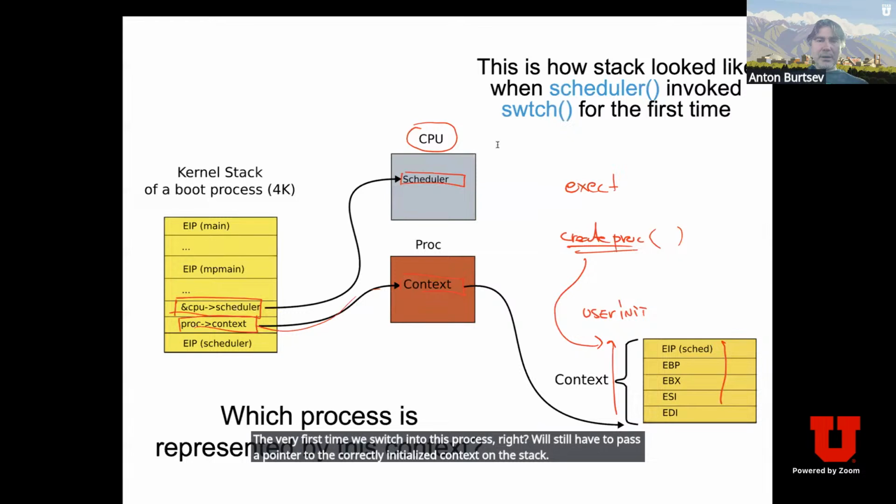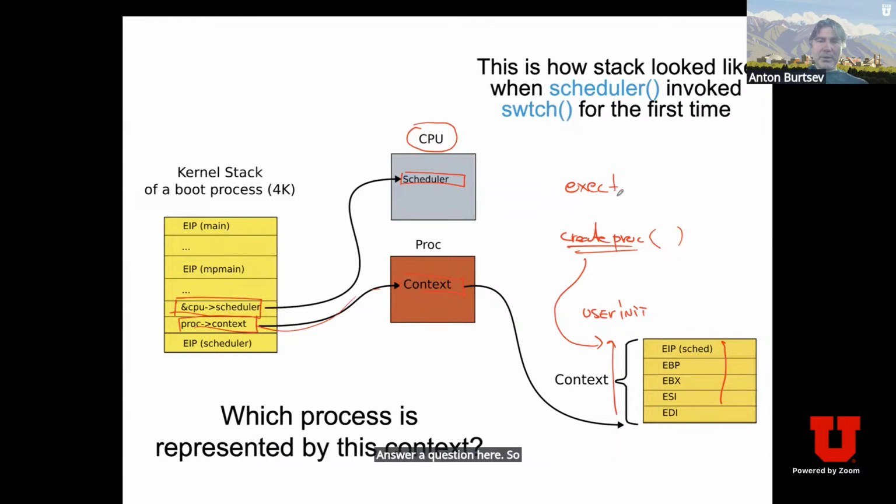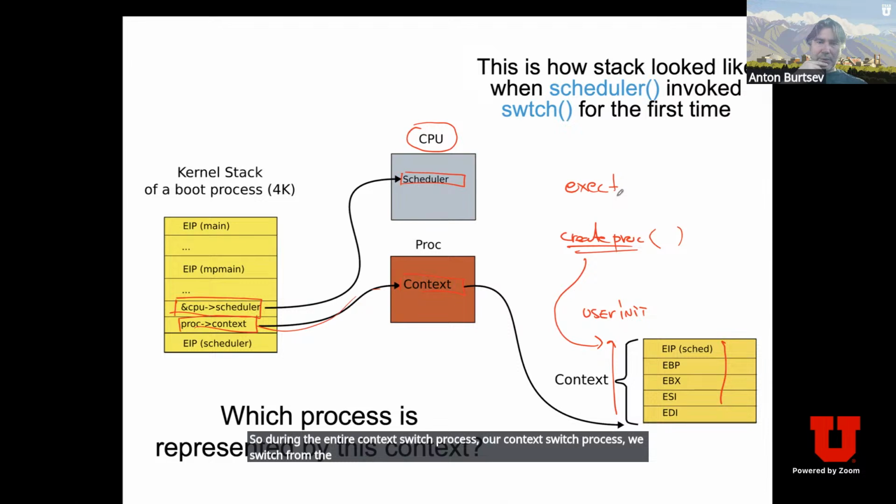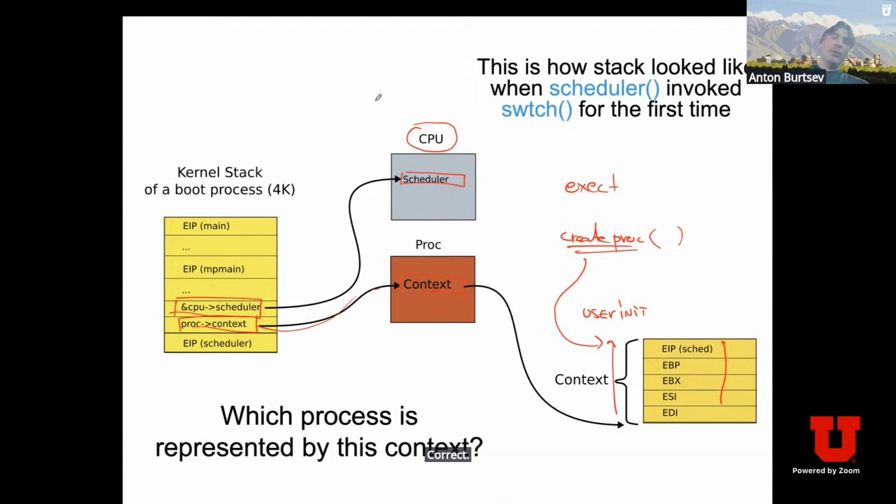Answering a question here: during the entire context switch process, we switch from the old context to the scheduler context to the new context. Correct. Conceptually, what you're asking is probably the following.